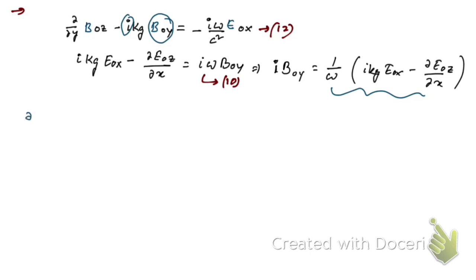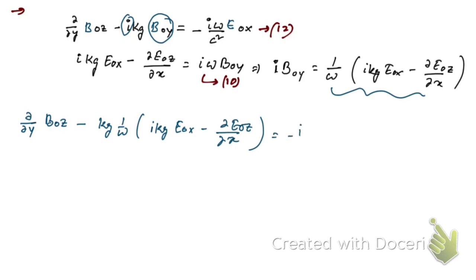Then this equation number 12 gonna give you del B0z by del y minus kz, instead of iB0y we are going to have 1 by omega, within bracket i kz E0x minus del E0z by del x, is equal to minus i omega c square E0x. That's what we have got.